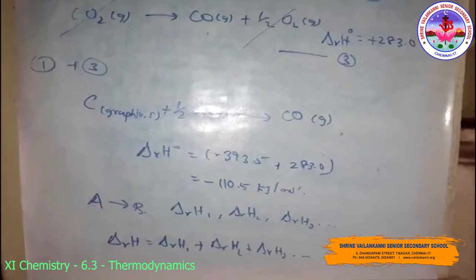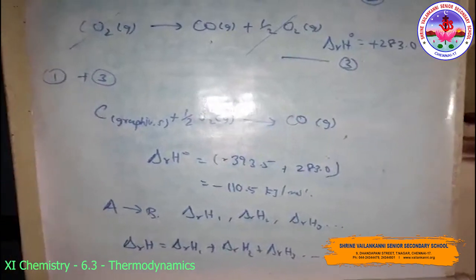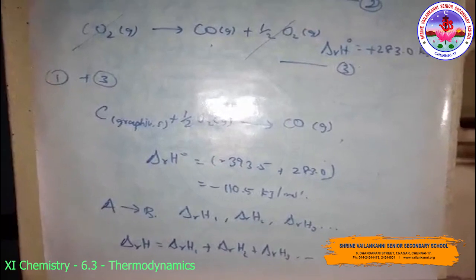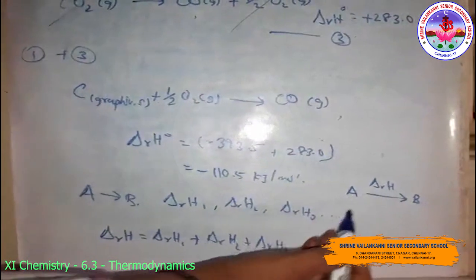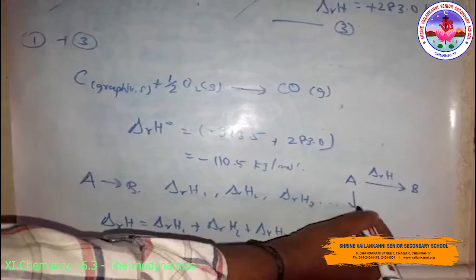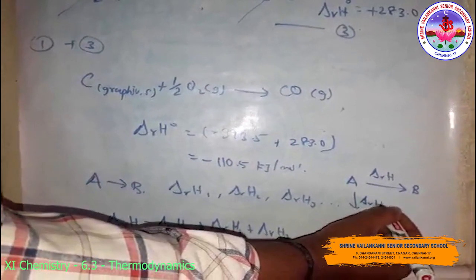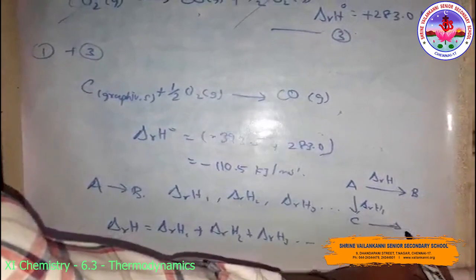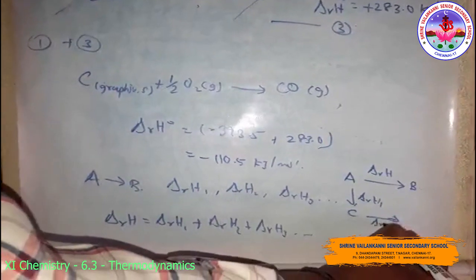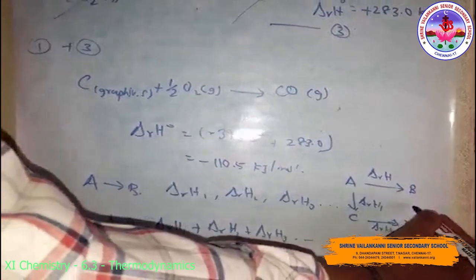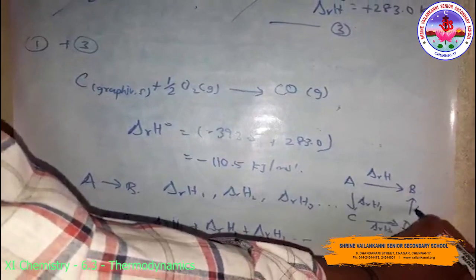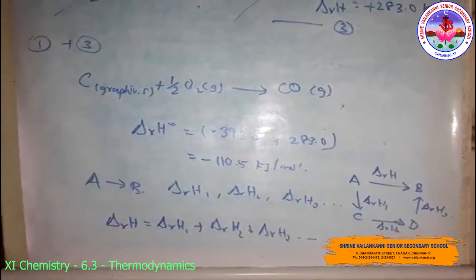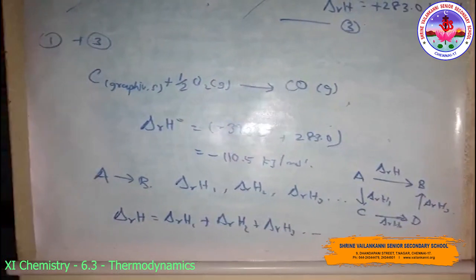This is Hess's law of constant heat summation. You can also represent it like this: first step, delta R H1 gives C, then delta R H2 gives D, and D to B with delta R H3. So this is Hess's law of constant heat summation.